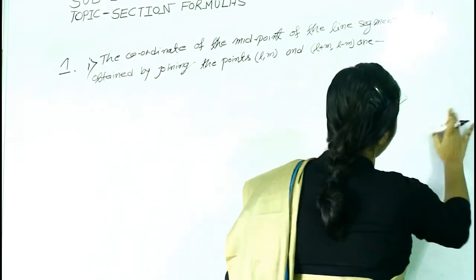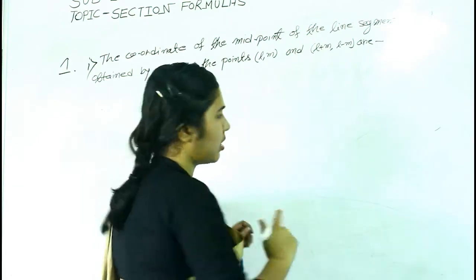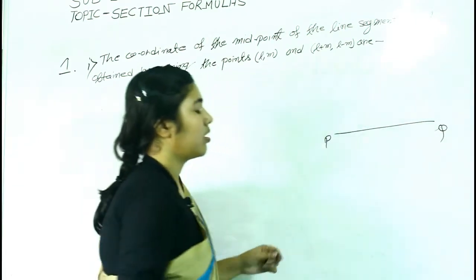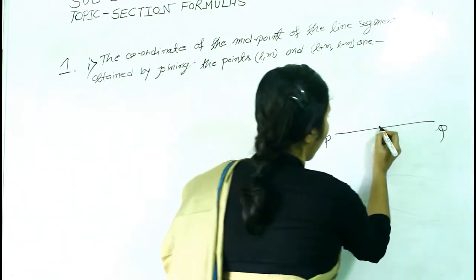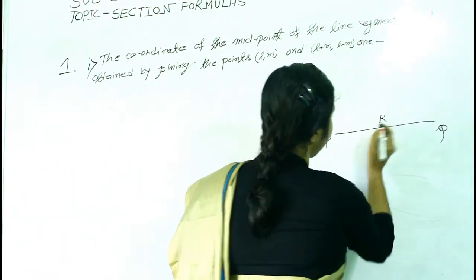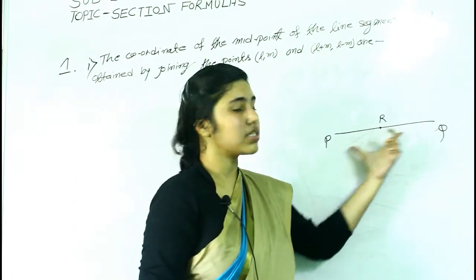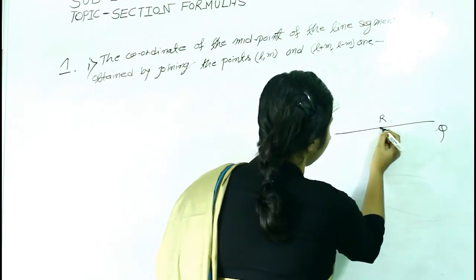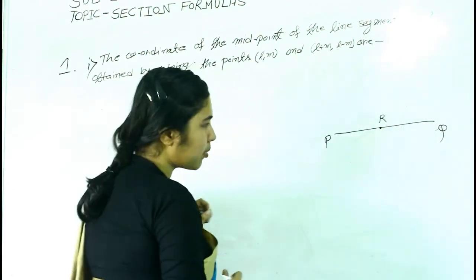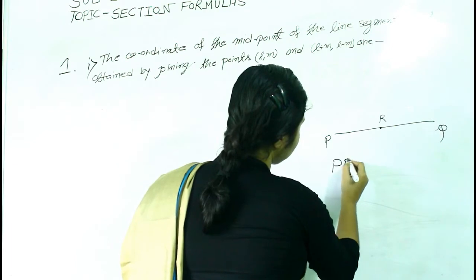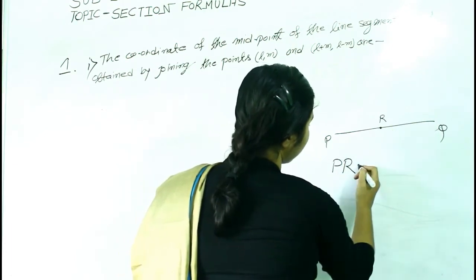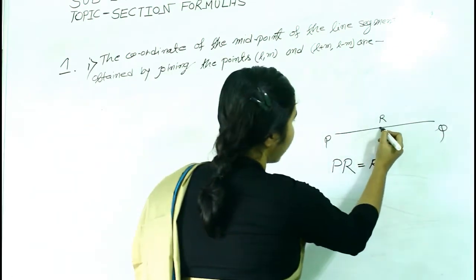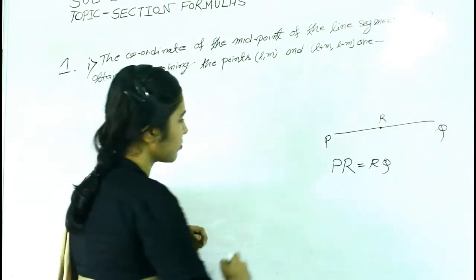Okay, now consider a line segment PQ. Suppose R is the midpoint of this line segment of P and Q. So if R is the midpoint, which implies PR is equals to RQ, right? Because R is the midpoint.